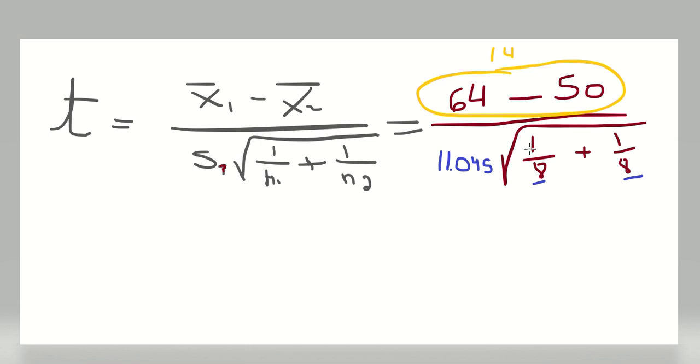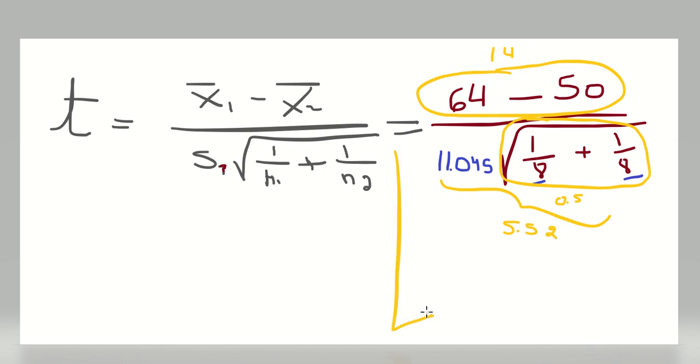And by taking this, which is 1 over 8 plus 1 over 8, that's 2 over 8, which is 1 over 4, and 0.25, you square root that, that's a half. So half multiplied by this, you're going to get 5.52. And therefore, dividing the 14 by 5.52, the T comes out to be equal to 2.535. Okay, and remember this T has degrees of freedom of 14.